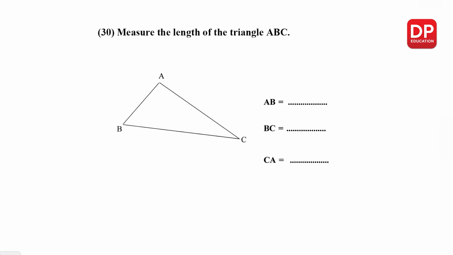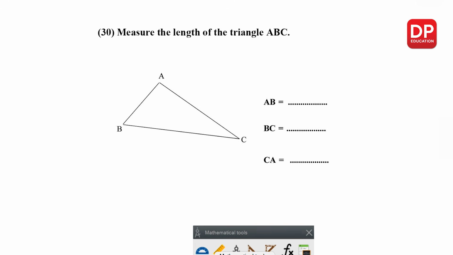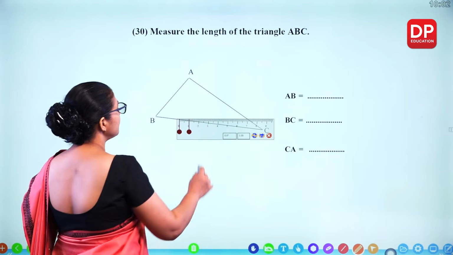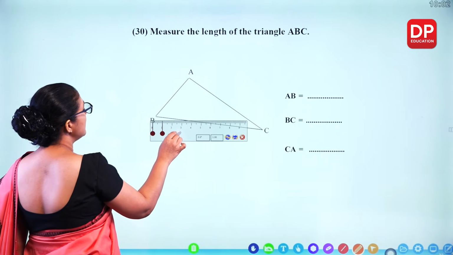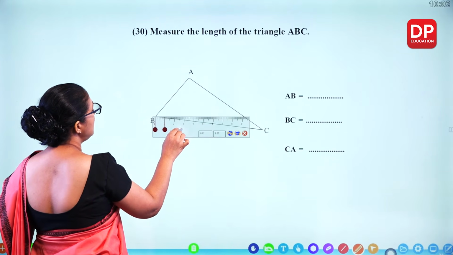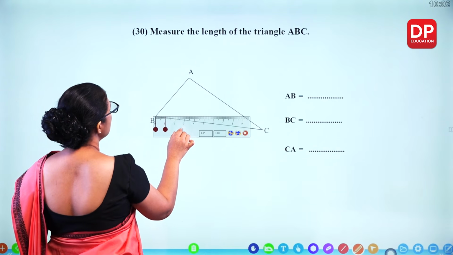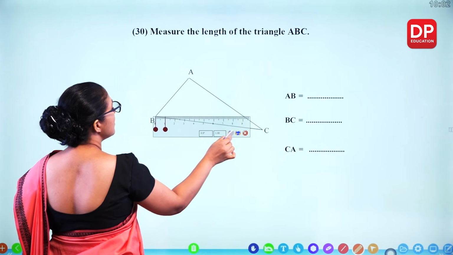Measure the length of the triangle ABC. So you have to measure AB, BC, AC. So we need a ruler for that. So take the ruler and we'll measure first AB.